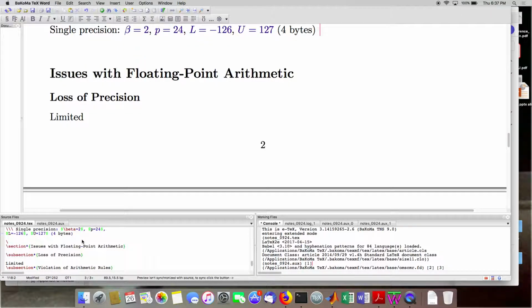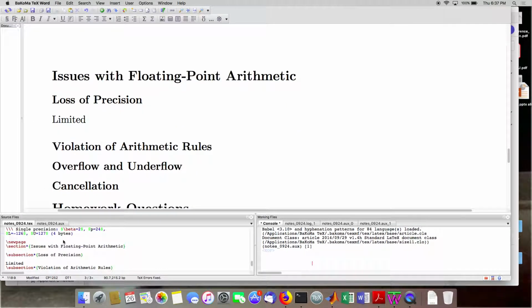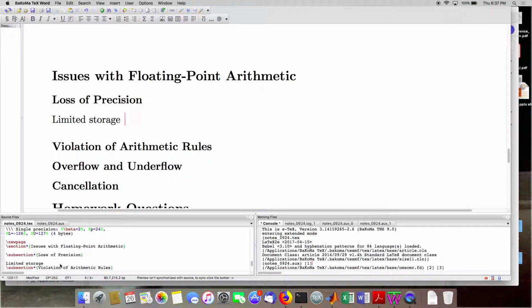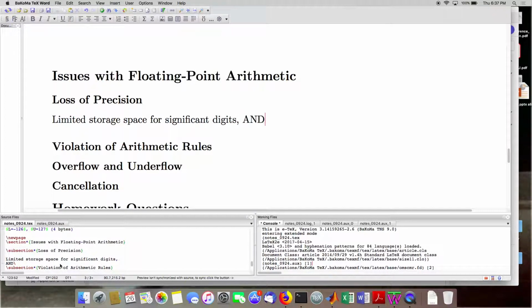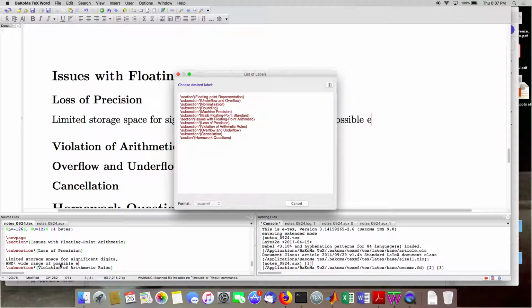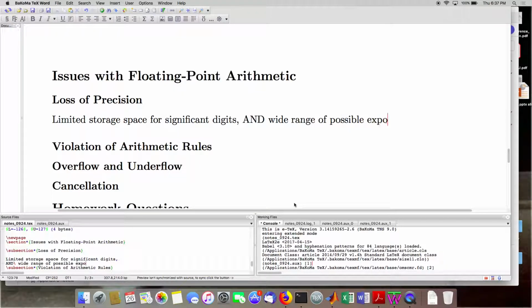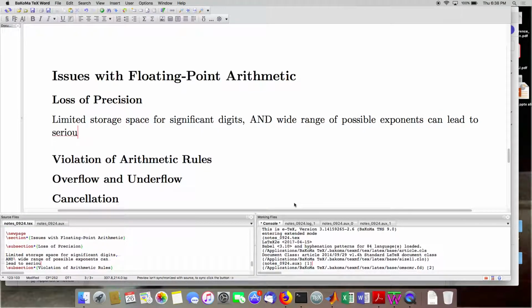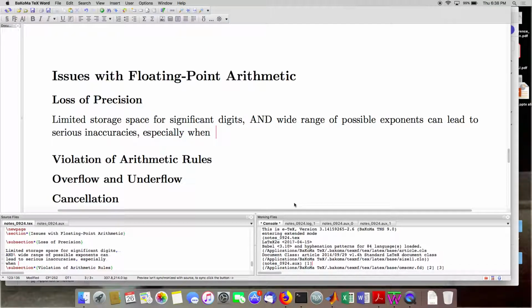So limited storage space for significant digits, and a wide range of possible exponents, these two factors together can lead to serious inaccuracy, especially when working with numbers of different magnitudes. So I'll give an example of that.